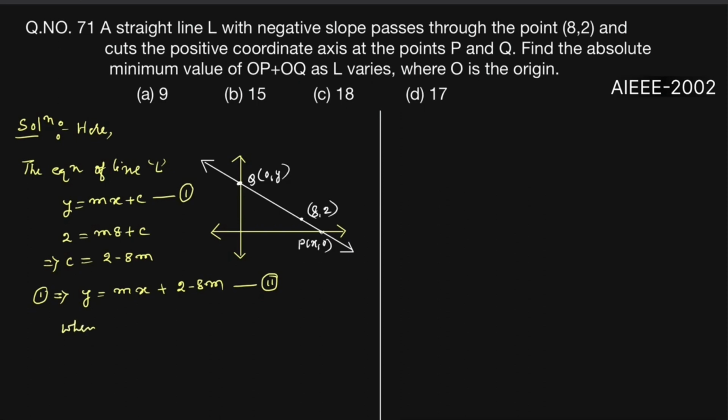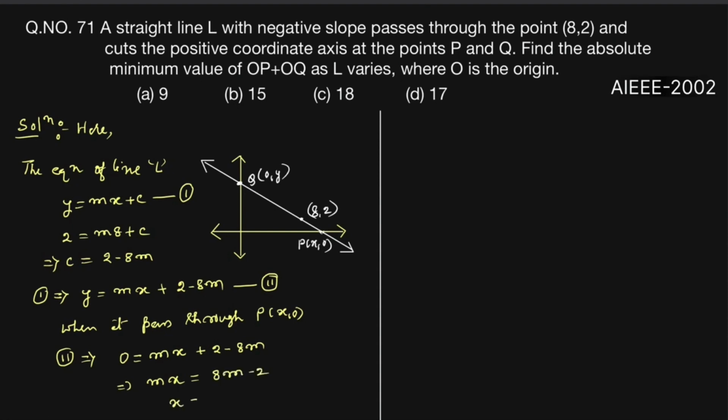When it's passed through point P, x, 0, then equation number 2 implies that in the place of y we write 0 equals m times x plus 2 minus 8m, which implies that mx we are able to write as 8m minus 2.